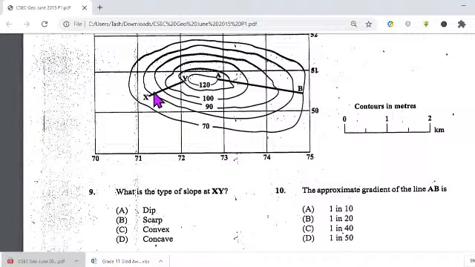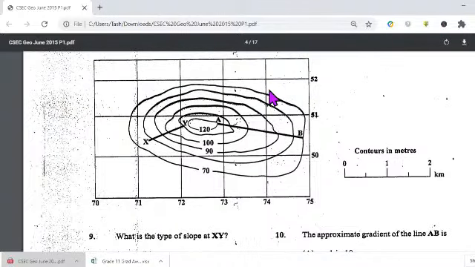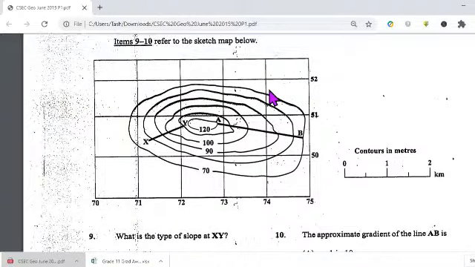Number 10, the approximate gradient of the line AB is, so that is from here to here. How do we calculate gradient? Well, gradient is basically talking about the steepness of the land over a specific distance. How we calculate gradient would have been the vertical difference, that is the difference in height of the 2 points that you are working with, over the horizontal distance.